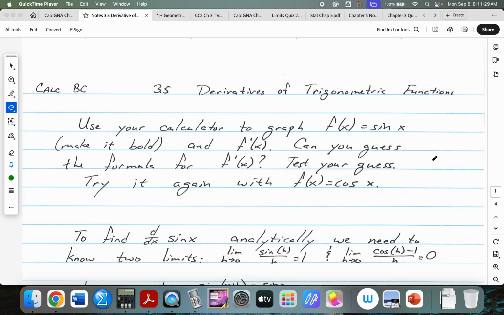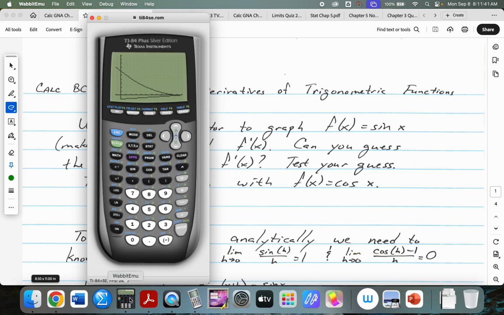Derivatives of trig functions. At this point, hopefully, you've already done the first part, graph sine and f prime. I'll do the same real quickly.